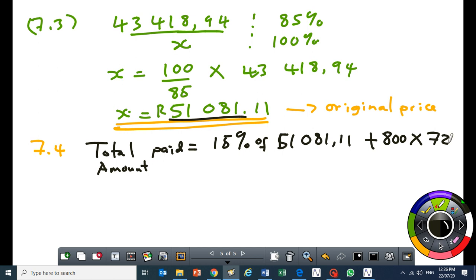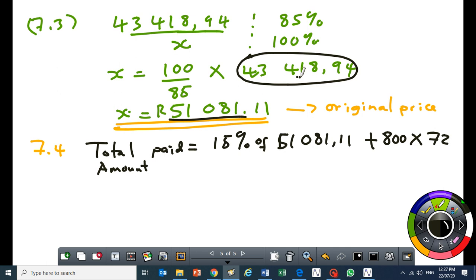Now, remember that 800 times 72 includes the amount that he borrowed plus the interest. So, I would not encourage you to use this value here, because that's the value of the amount borrowed. It doesn't include any interest. This amount does not have any interest in it.